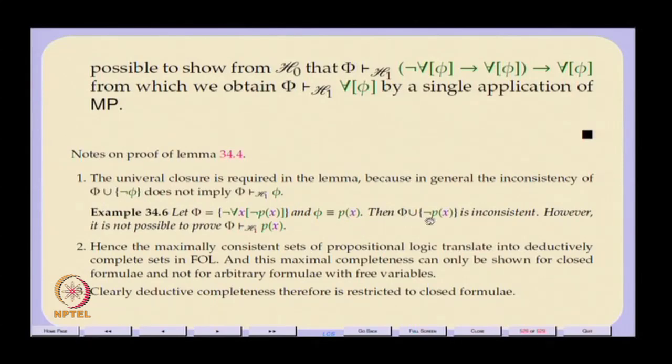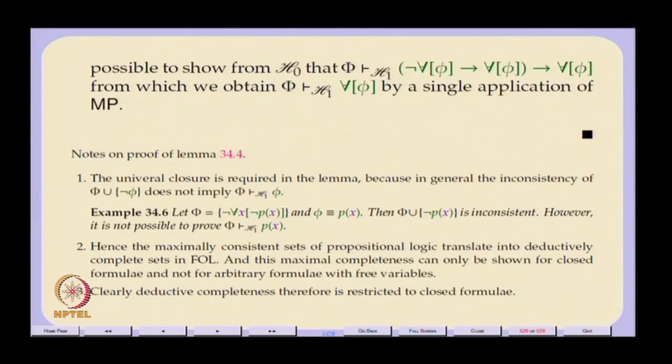Then phi union not p of x is inconsistent, because whenever this formula is true, under no valuation can not p of x be. So, phi union not p of x is inconsistent, but it is not possible to prove that p of x follows from not of for all x not p of x.